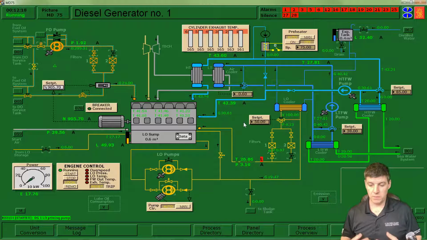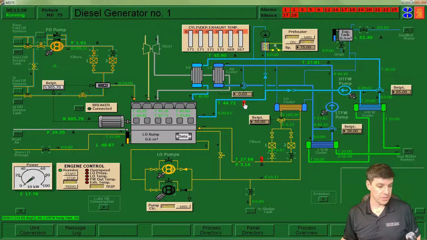Okay, so at this point, we've started up our diesel generator. It's running, and it's going to continue to run. Okay. We want to just monitor it for a bit. We may get a few more alarms. So we have a low temperature alarm that came up. Again, the same issue that our system is cold and it's in the process of warming up, and that one will disappear.